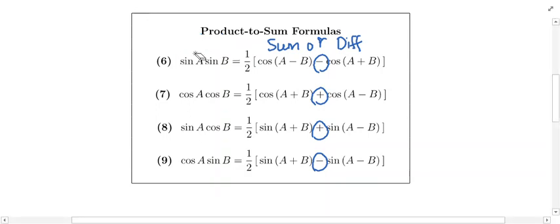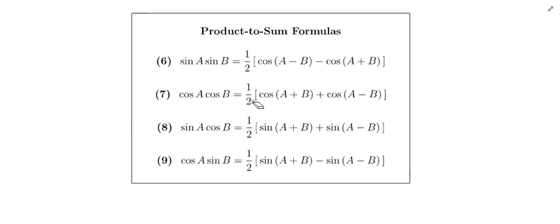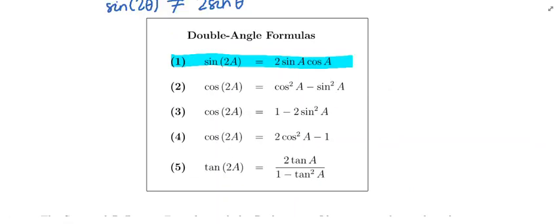Also, something I want to point out before I read through these: notice these equations are labeled 6 through 9. There are a ton of identities in this particular section, so I started labeling them early on. With the double angle formulas back on page 1, those are labeled equations 1 through 5.